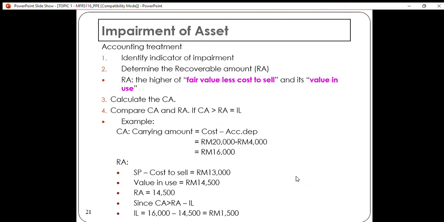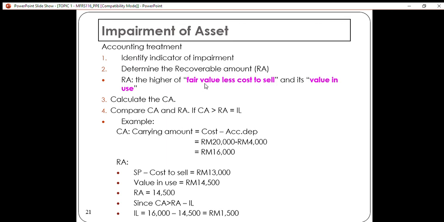Let's have a look at the accounting treatment for the impairment of asset. There are 4 steps involved. First, we need to identify the indicator of impairment, such as obsolescence or damage to the asset, output of an asset has lost its market share, technological obsolescence and so on. The second step, determine the recoverable amount, which is the higher of fair value less cost to sell and its value in use.